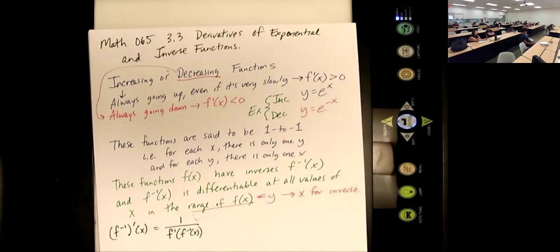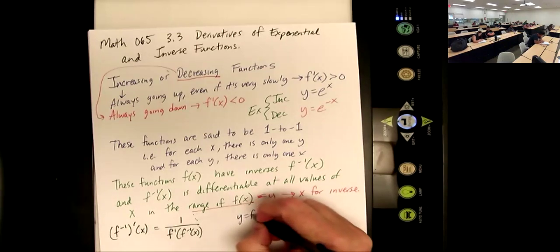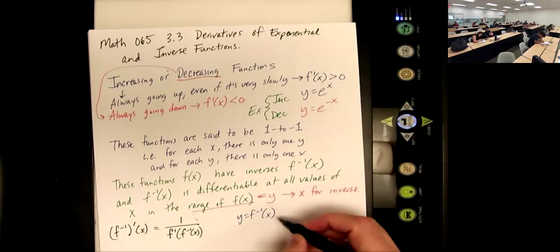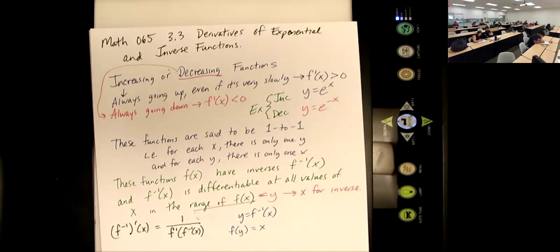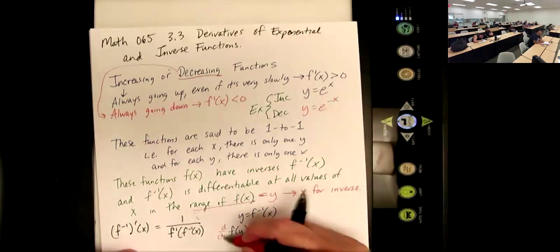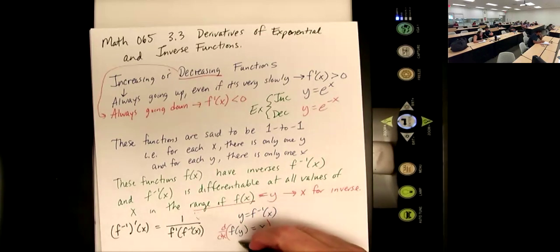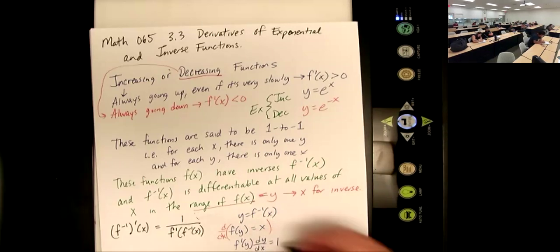I can show you where it comes from. If we say y equals f inverse of x, this means f of y equals x. When you swap, you can do that with inverses, we do this all the time. And if we take the derivative here, we have f prime of y dy dx equals 1.